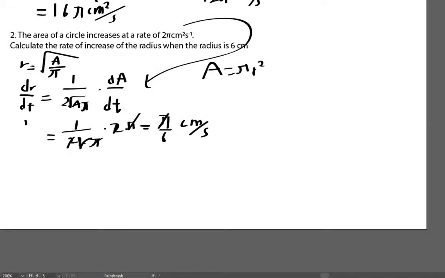Let's go to the next one. Edit artboards, add a new one there. Problem number 3, or you could say number 5.